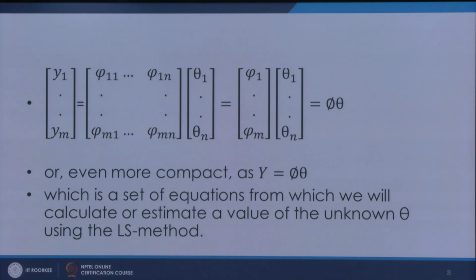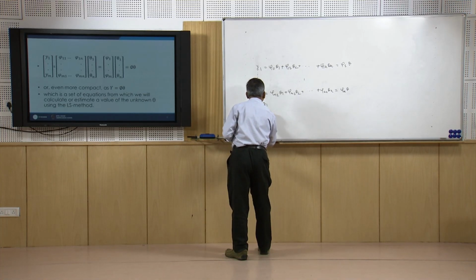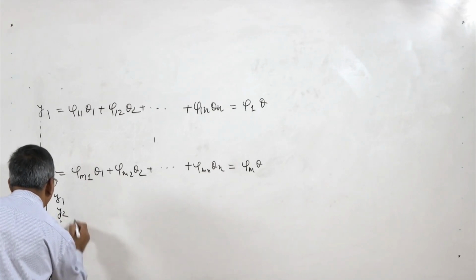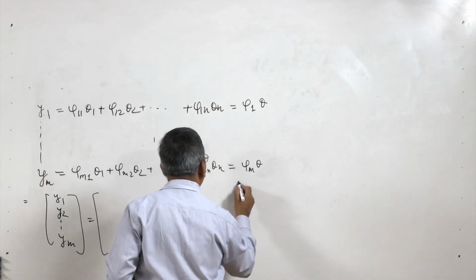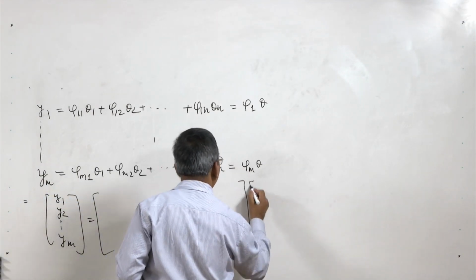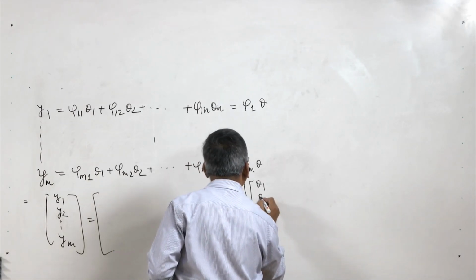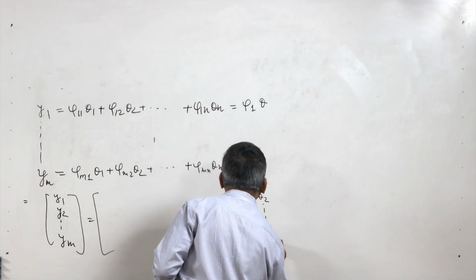This can be expressed in the matrix form simply as you can see here, y1 you will have y2 and then finally ym, and then we will have a matrix and then we will have a vector, that is theta 1, theta 2 and theta n.